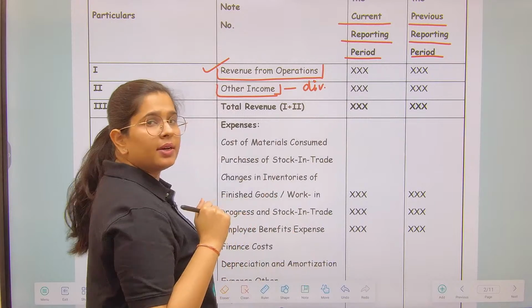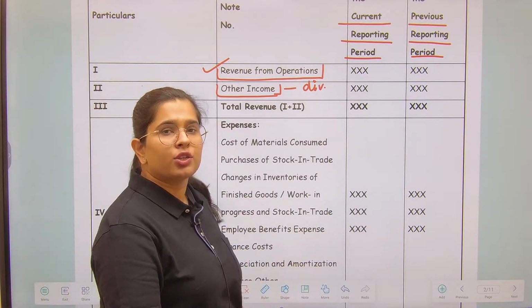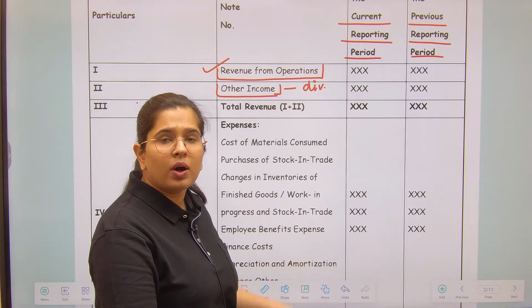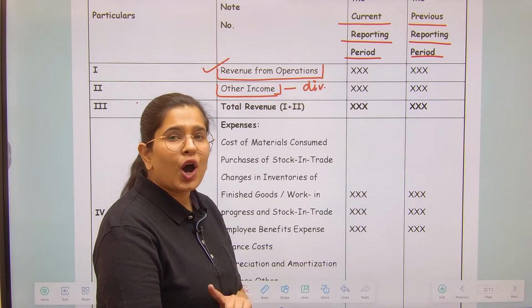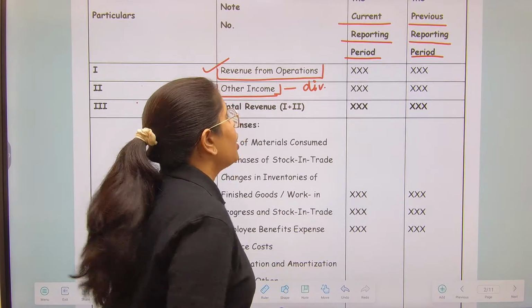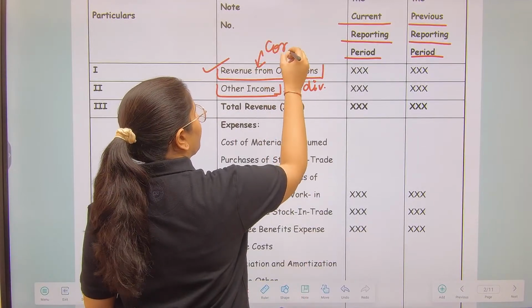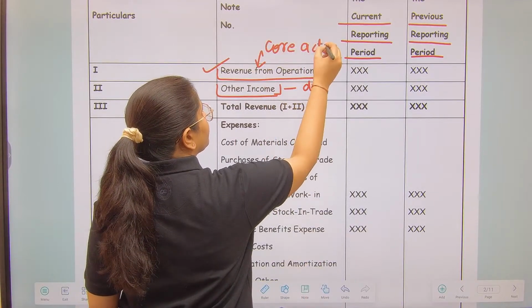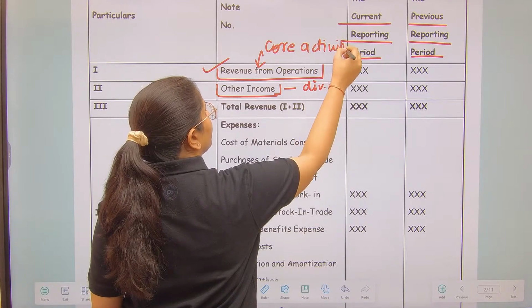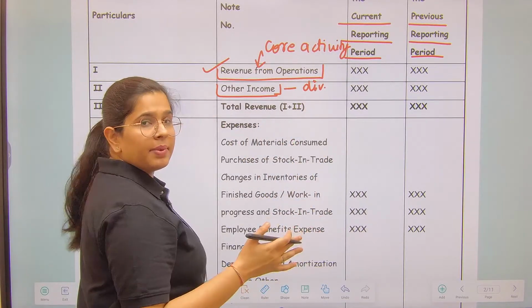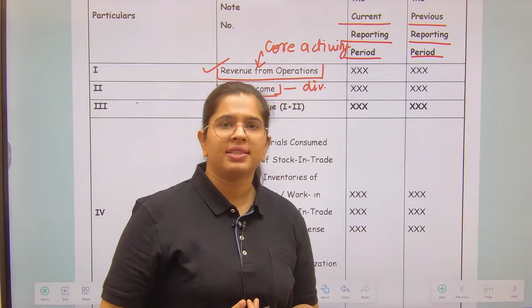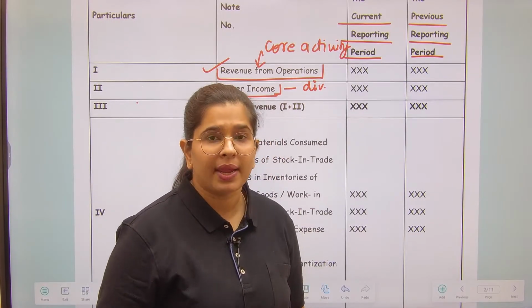Why is it my other income? Because making investments in different businesses is not my core activity. So revenue from operations is what you earn from the core activity, and other income is what you earn from the ancillary investments that you have made.